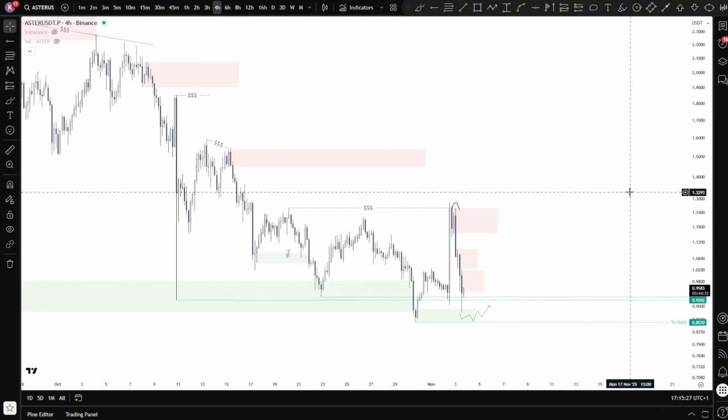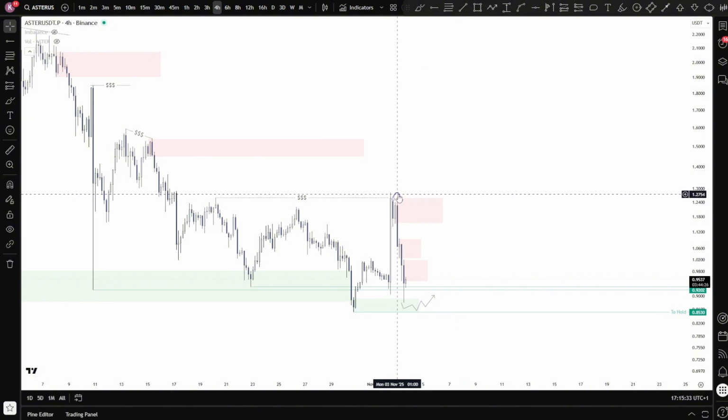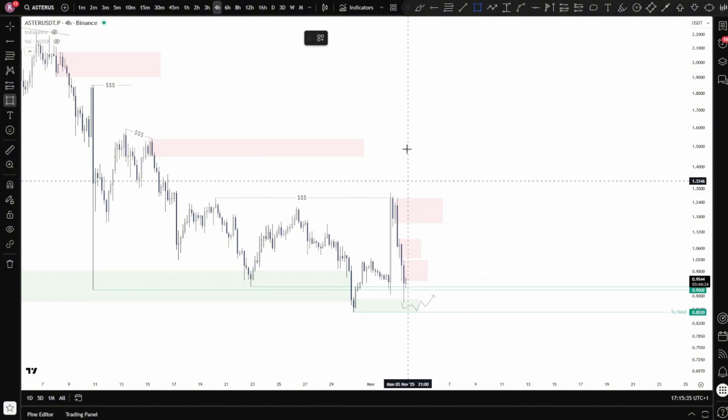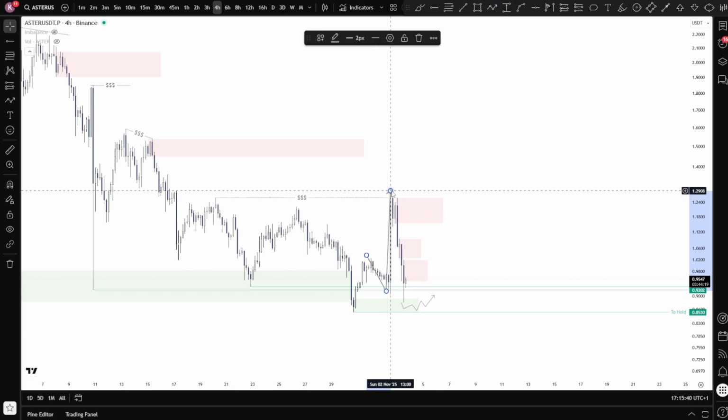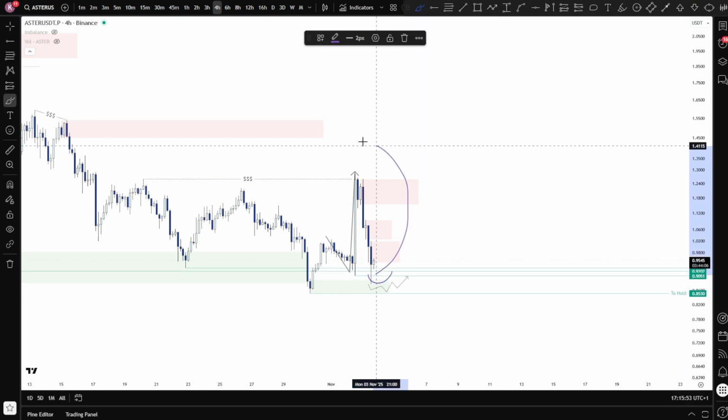So what is next for Aster? What are our bullish expectations and what are our bearish expectations? Well, first let's start by drawing in our market structure. And that is this pullback brought us all the way up to new highs. So this would also mean if we can manage to hold this wick that's around the 90 cents, we can keep on expecting upside and make a higher low and continue to trade higher for higher highs.